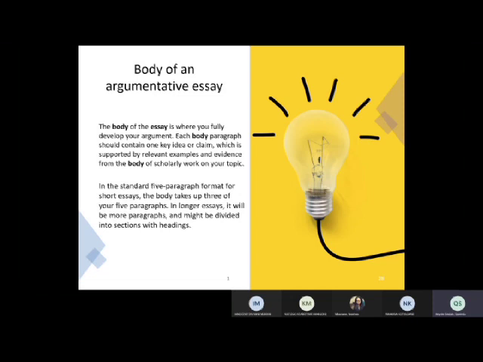So each body paragraph should contain one key idea. And this is very important. I reiterate this because often students will discuss 2-3 ideas in one paragraph. I do understand that there are cases where you can discuss a couple of ideas in one paragraph.